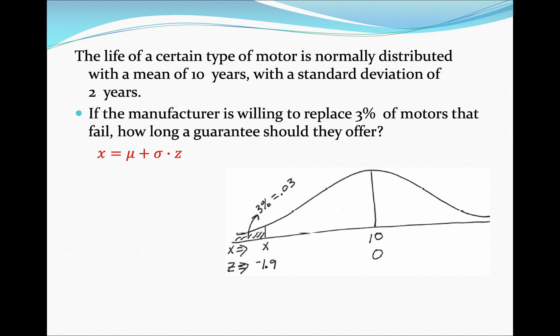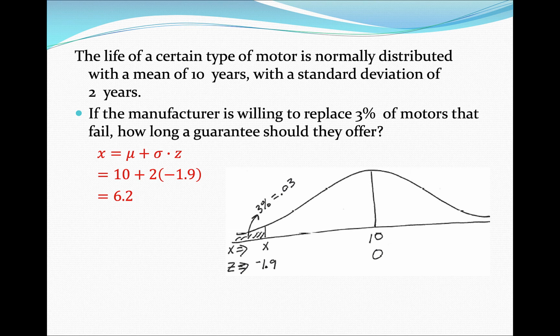We know the standard deviation is 2. And we just said that z is negative 1.9. This is 1.9 standard deviations below the mean. So if we just plug that in, 10 plus 2 times negative 1.9, that'll tell us how long we can provide a warranty for these motors and replace 3% of the motors.